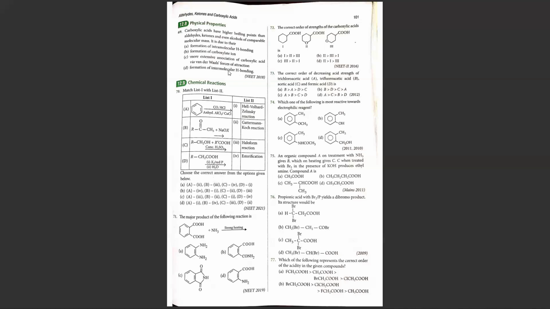So just see and tell me which is the correct answer. So benzene, when you are reacting it with carbon monoxide in the presence of HCl, that is hydrochloric acid, in the presence of anhydrous AlCl3 or CuCl. Okay, what is the name of the reaction?